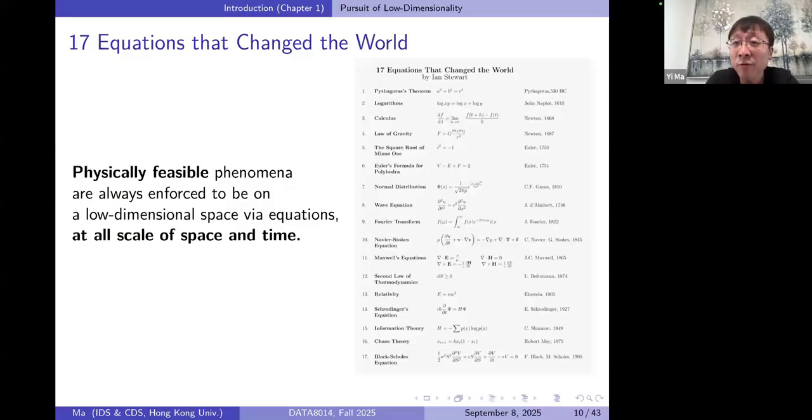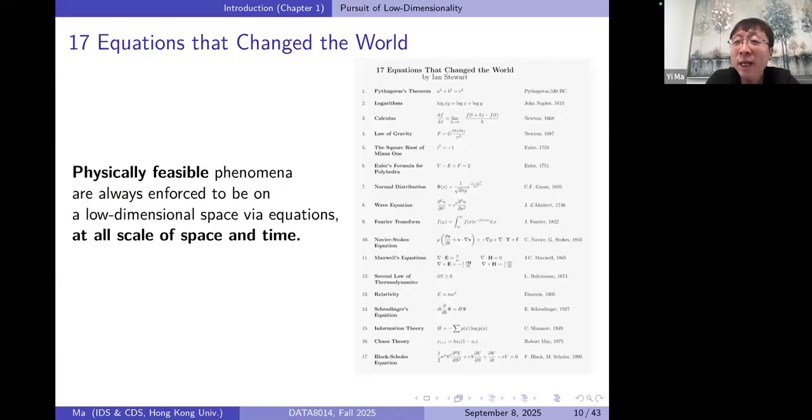For example, at a very, very high speed, Newton's mechanics is no longer valid. It becomes relativity. At a very large space scale, such as the scale of the universe, planets and so on, you have to use general relativity.